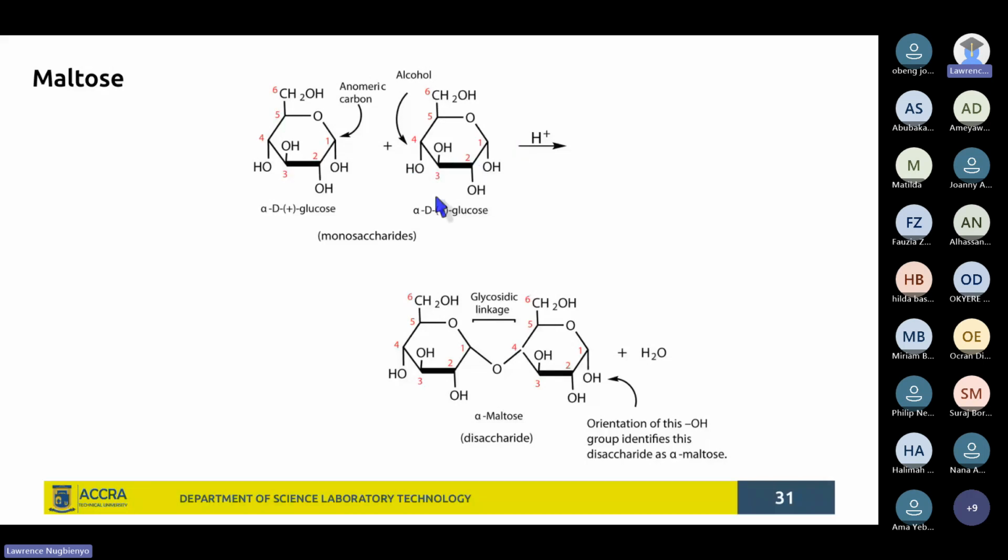But that's not even much of an issue per se. You see this hydroxyl group, which is on carbon number 1 of this glucose molecule, gives out a hydrogen atom, and the other hydroxyl group gives out a hydroxyl group, and that will result in the formation of water.